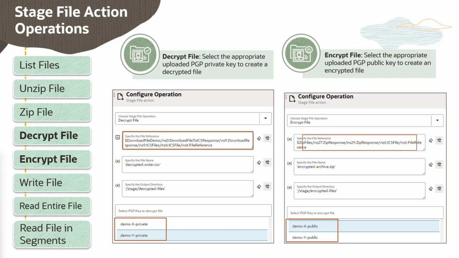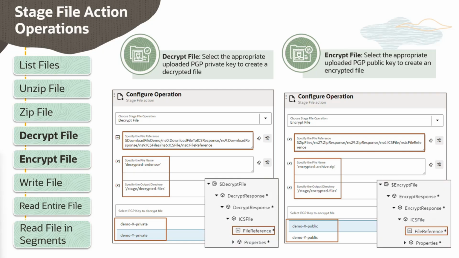Next, you will provide the reference to the file that is already within the virtual file system, then create a name for the new file along with the name of a VFS directory where you want it to be staged. Now later, when you need access, the new file reference is available within the operations response, visible in the map editor.